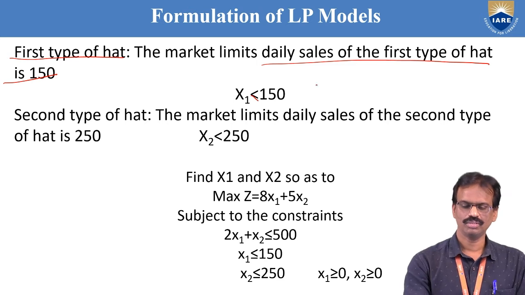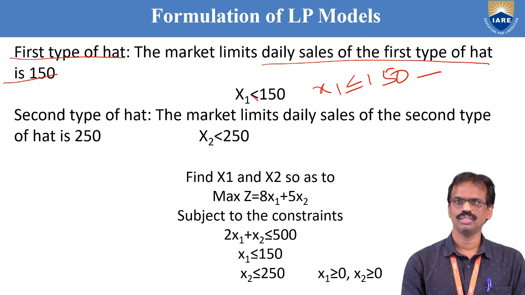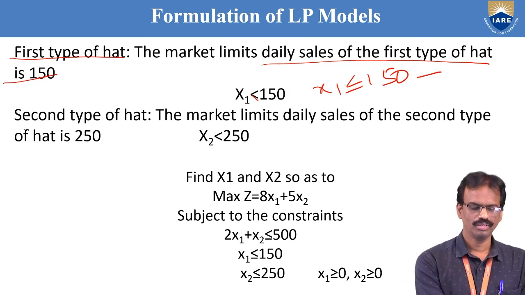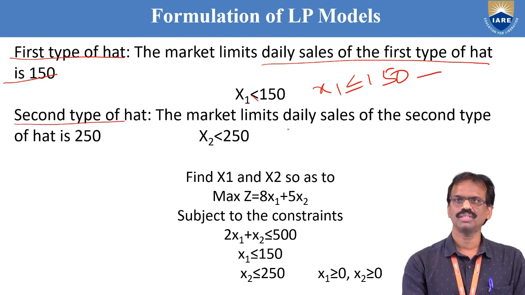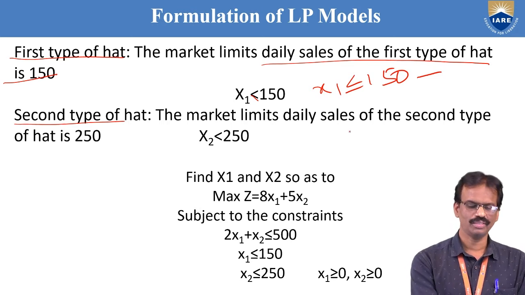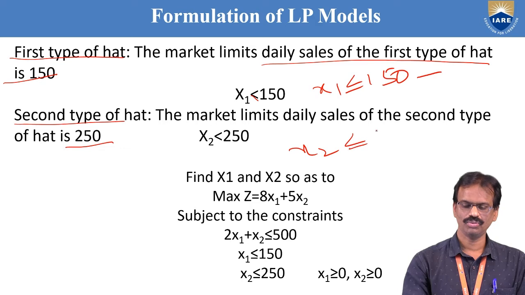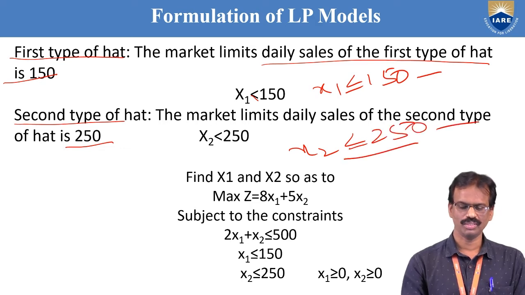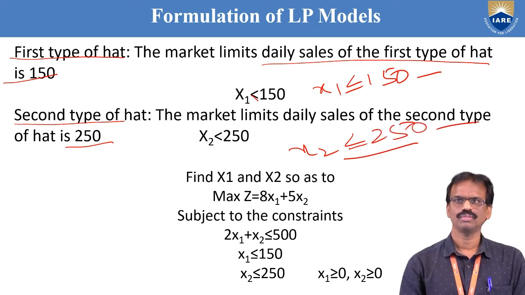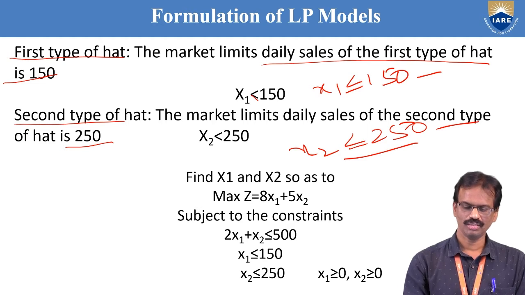The market limits daily sales of the second type of hat to 250. It means x2 is less than or equal to 250. One more condition.